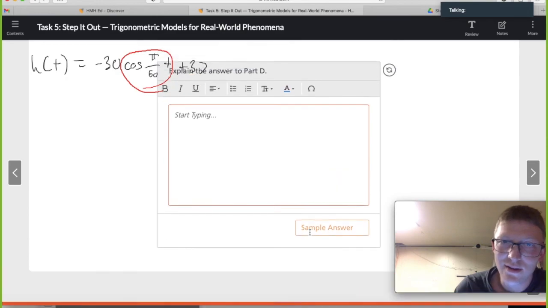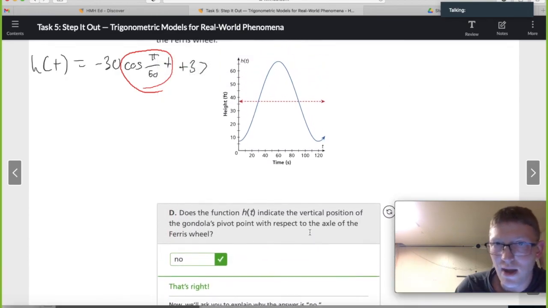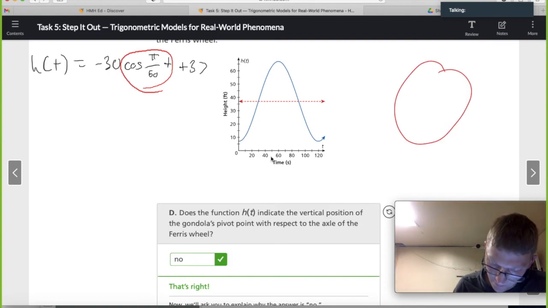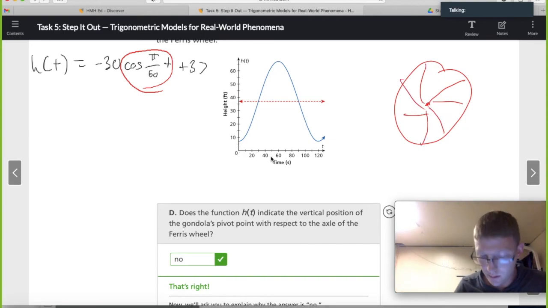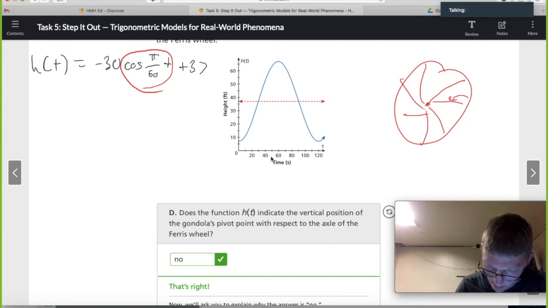My thought process on that is, with respect to the axle of the Ferris wheel, if you look at a Ferris wheel, you've got your center. So they're talking about your vertical position with respect to that part right there, or your pivot point, which would be this point.